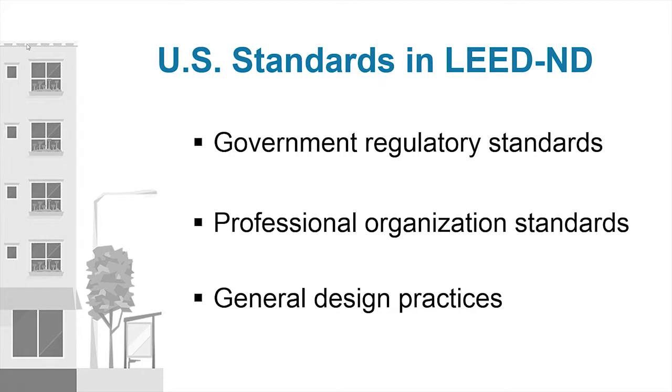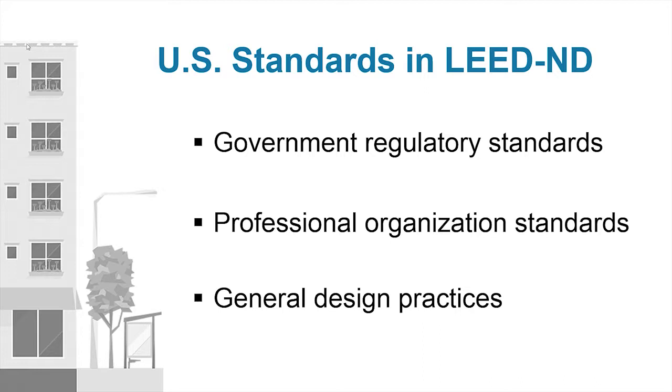If you're an international project team, in other words, located outside the United States, there are three kinds of U.S. standards embedded in the ND rating system, and it's these three that you'll need to find equivalencies for. The first is cases where ND uses federal and sometimes state and local regulations and programs, government regulations.